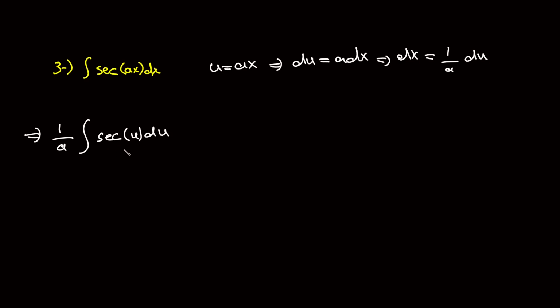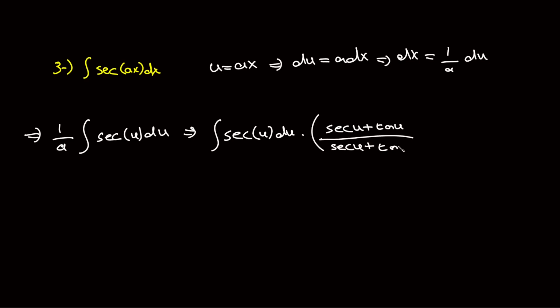How do we solve this integral? What I want you to do is just learn the thing I'm going to do, because you will see why it works later on. Just follow the steps. Let's focus on integral of secant u du. I want you to multiply this inside of the integral with secant u plus tan u over secant u plus tan u.